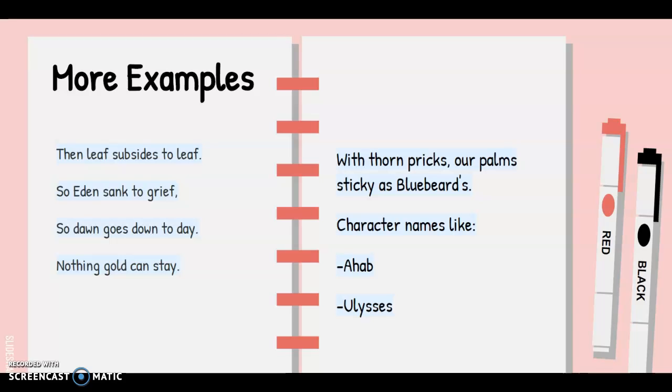So that's the image that's being evoked here when he says our palms are as sticky as Bluebeard's. But even if you don't know that fairy tale, we might be able to tell again that this is a proper noun because it's being capitalized here and it also has that possessive S on it. So that might cue us to realize that this might be a person that we're talking about. And it's a person who's not being explained or referenced again. So it might be an allusion.